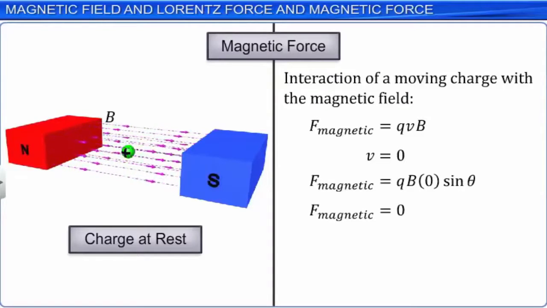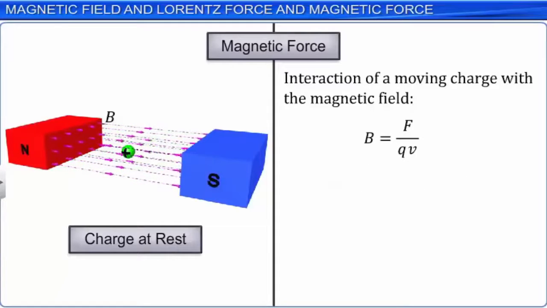When the charge in the magnetic field experiences maximum force, the force is expressed as magnetic force is equal to BQV, which can be written as B is equal to F by QV. The magnetic field strength, B, can be defined as force per unit charge when the charge is moving perpendicular to the magnetic field with the velocity of 1 meter per second.